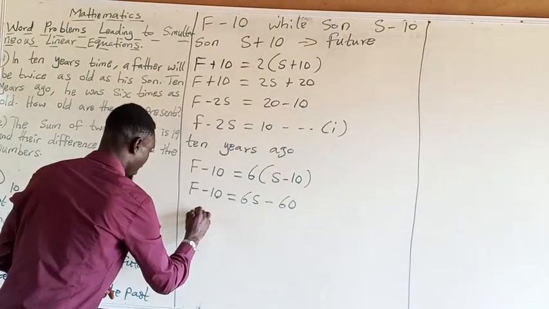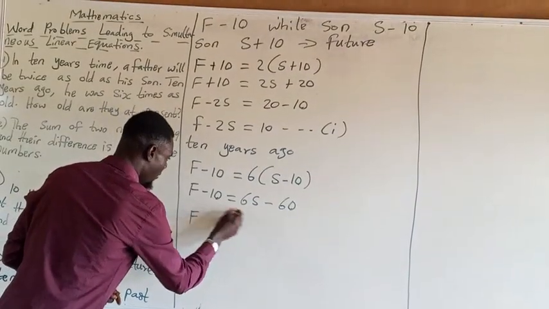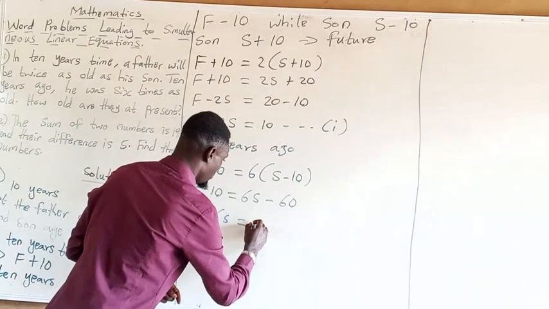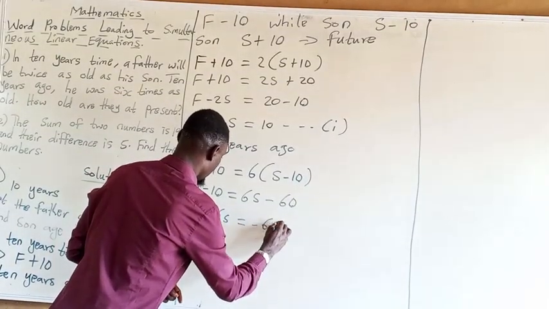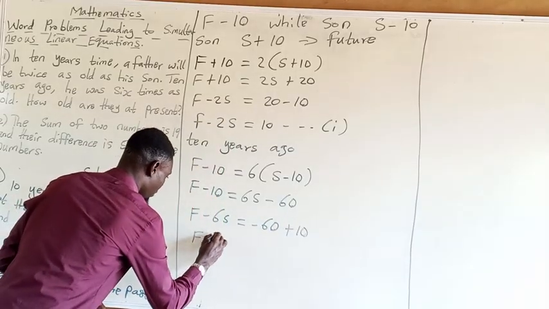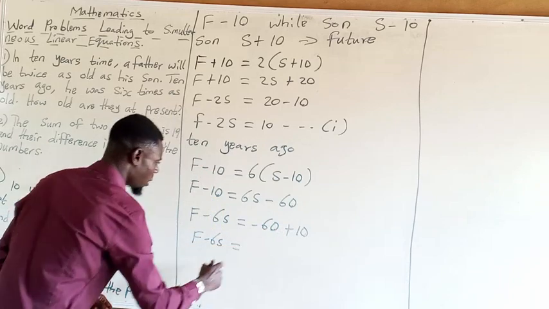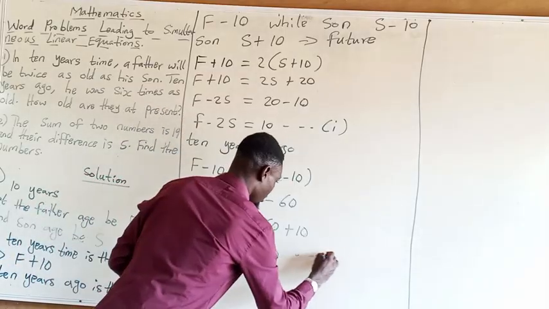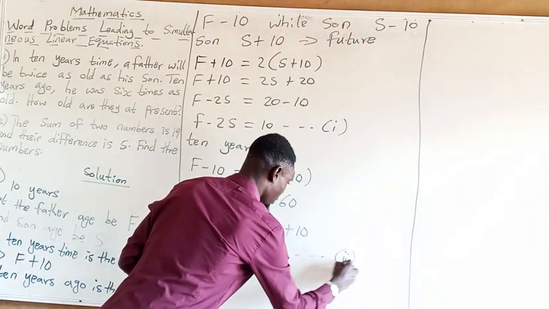Collect items. We have F minus 6s is equal to minus 60 plus 10. We have F minus 6s is equal to minus 50. This is equation 2.